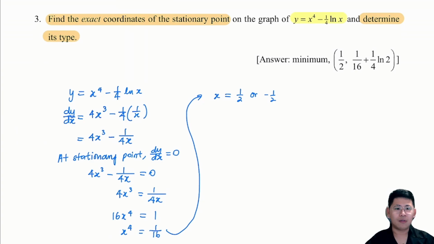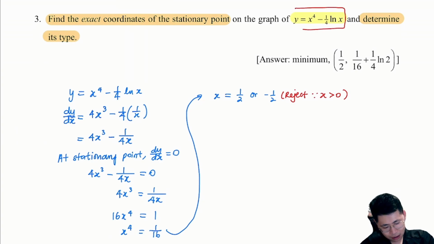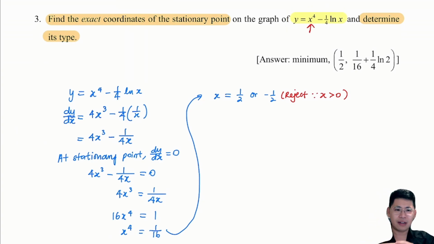Now over here, let's check, do we need to reject anything or not? In fact, we do. We need to reject this negative half. Why? Reject because x is greater than 0. Some of you may ask, why is x greater than 0? For this, we need to look at the function itself. x to the power 4 is defined for all real values of x.